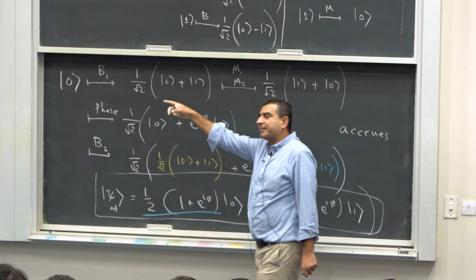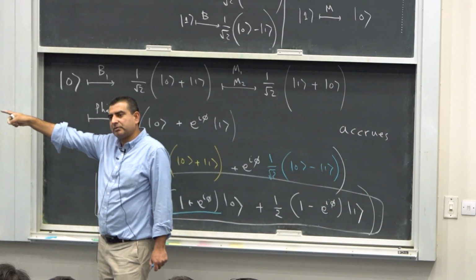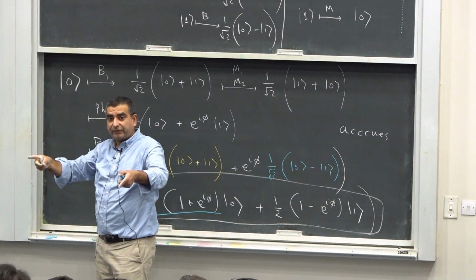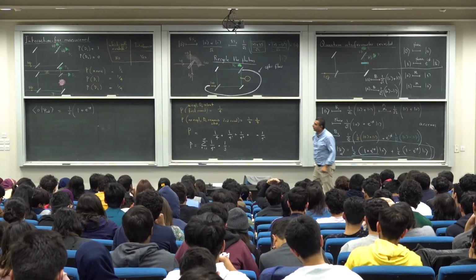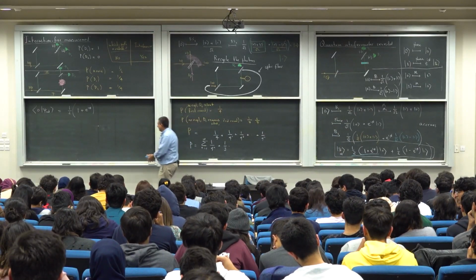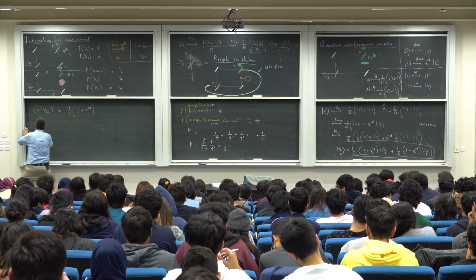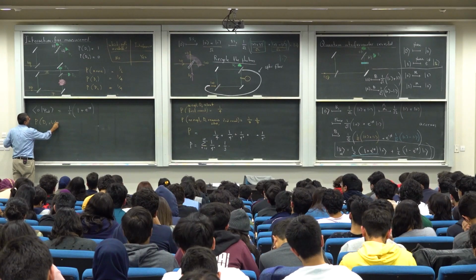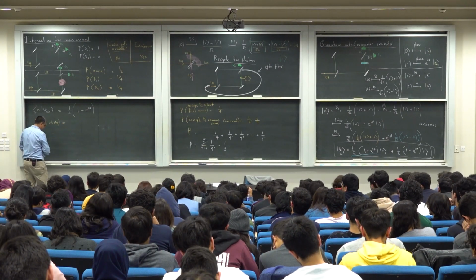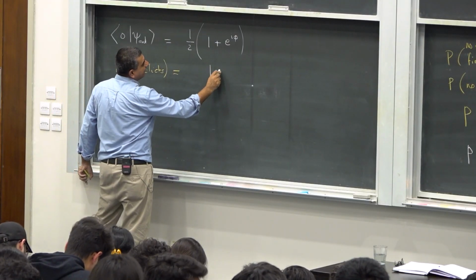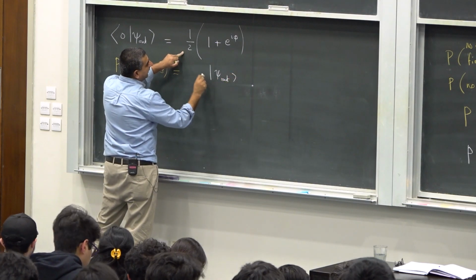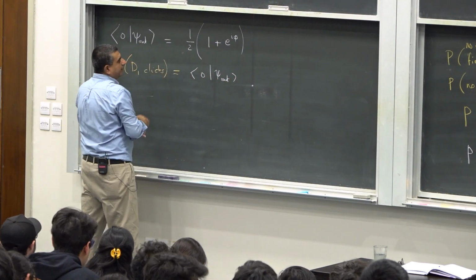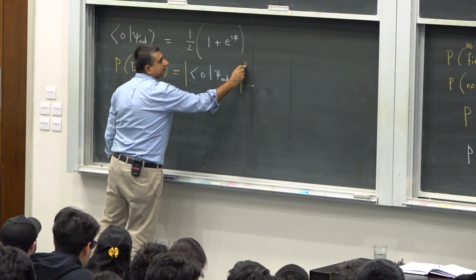And now how do I find the probabilities from a probability amplitude? Modulus squared. So in order to find out the probability that the detector D1 clicks, I take this term here, psi out, which I found already, inner product with ket 0, and find out the modulus square of this term.